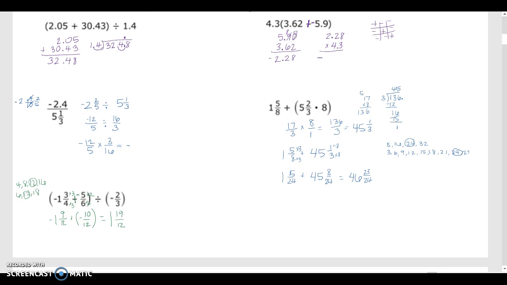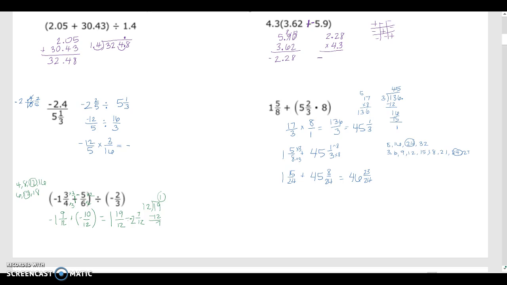Okay, well, this here is an improper fraction. So 19 over 12, it goes in 1 time, 12, 7. So I have 1 that I'm going to add to this mixed number. So that's 2. The remainder becomes my numerator, 7 over 12. Okay, and that's still negative because I added and kept.